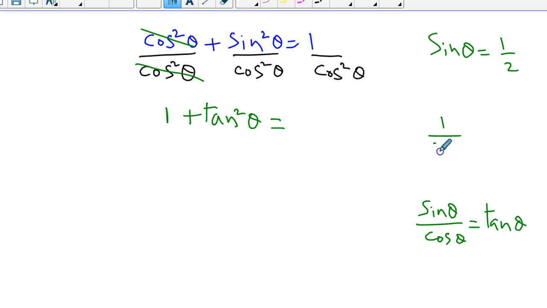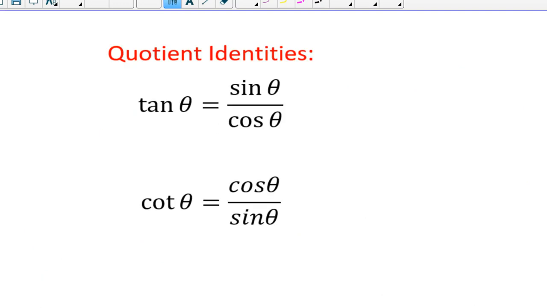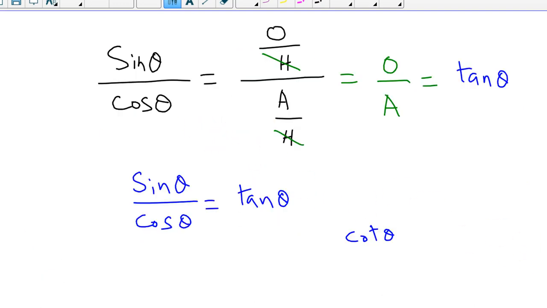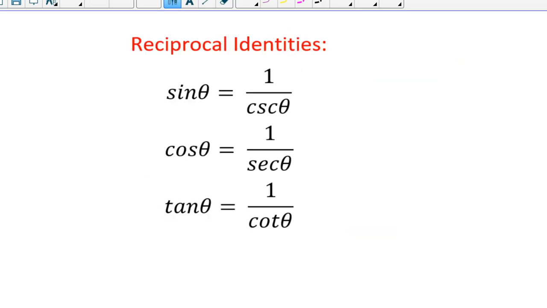Now 1 over cosine, we know that it is the secant. From where? From the reciprocal trig ratios. We have them here, right? That was a quotient I talked about just now, and then this one is, cosine is 1 over secant, right? So secant will be 1 over cosine. That's how these are the reciprocals.